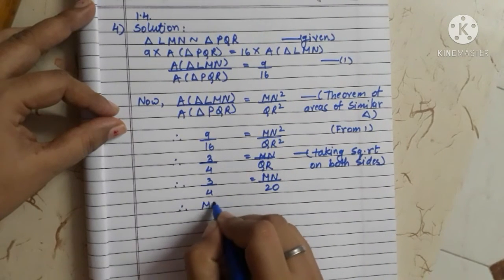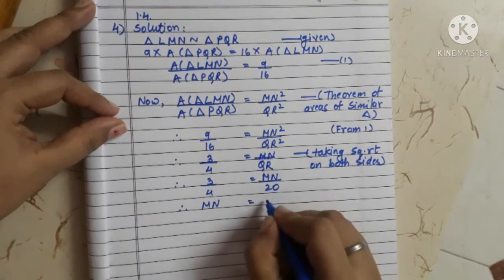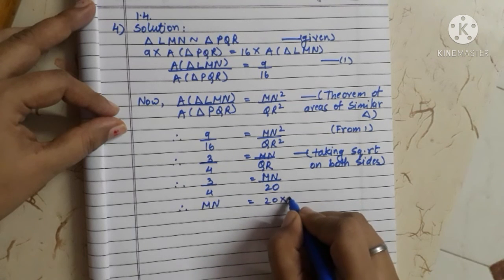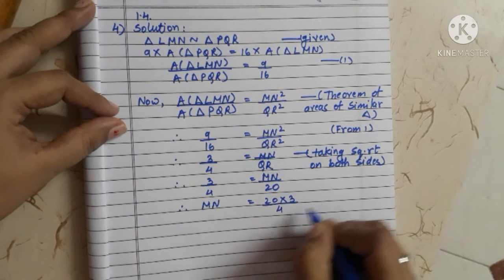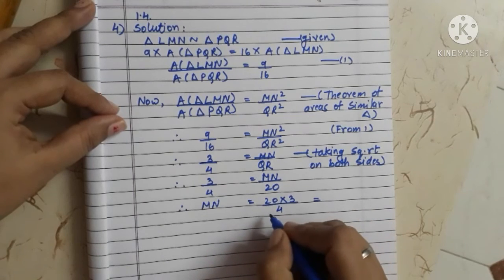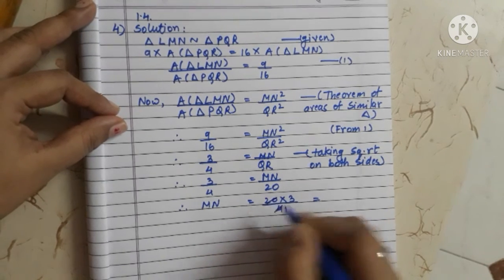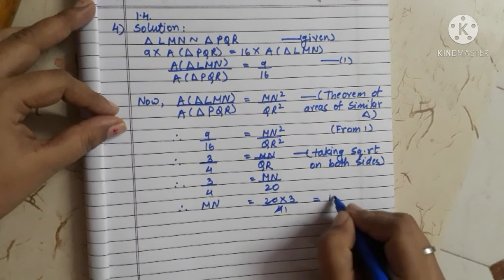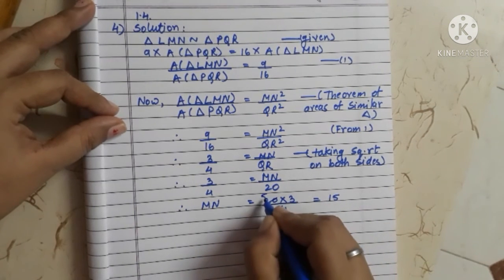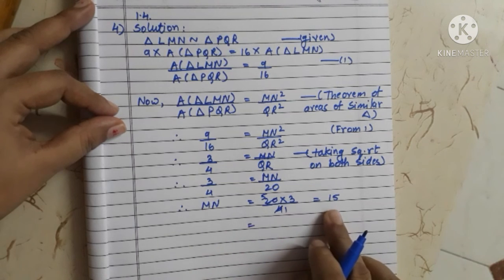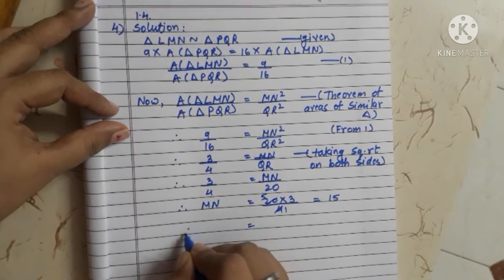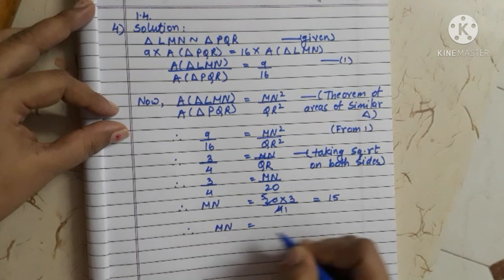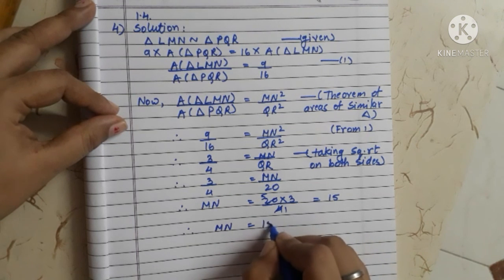Therefore MN is equal to 20 into 3 upon 4. Now you can do the cutting and cancellation. 4 ones are and 5s are. So the answer you will get is 15. So therefore your final answer is MN is equal to 15.